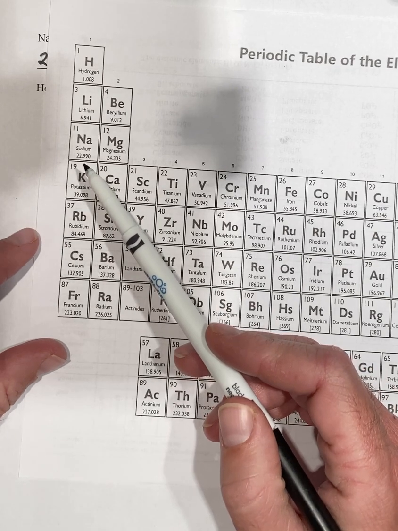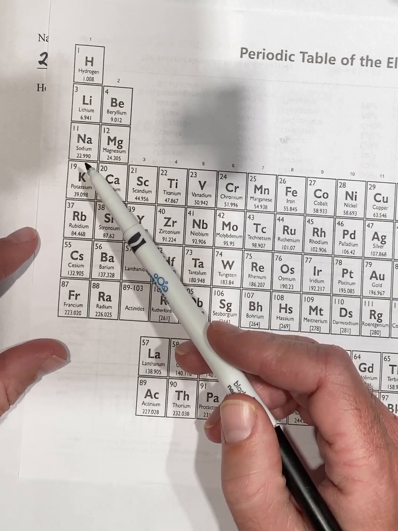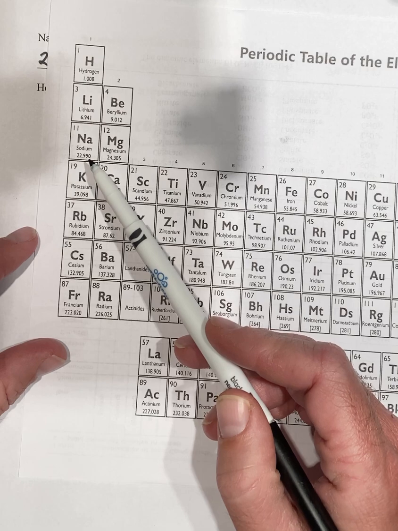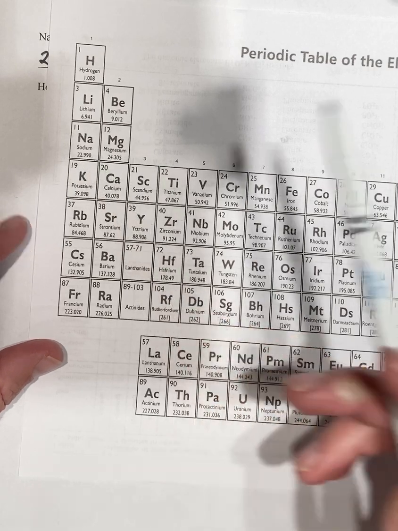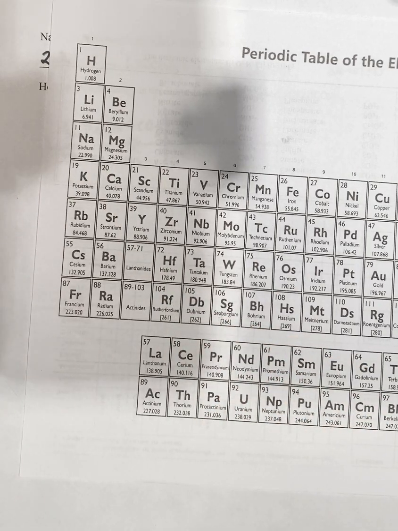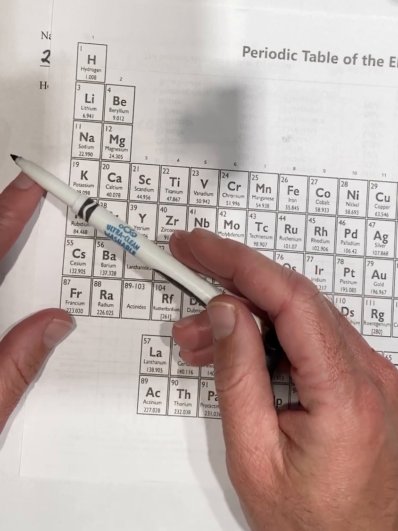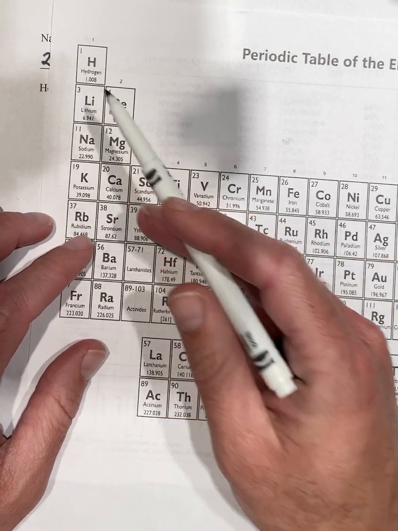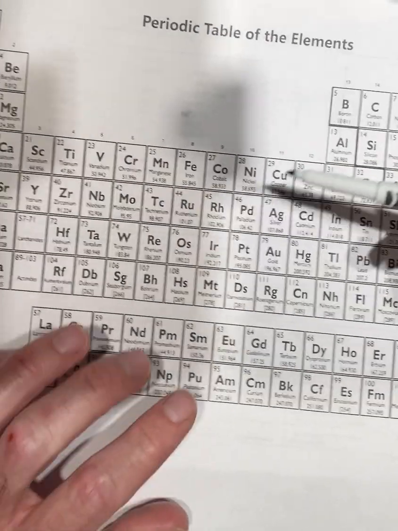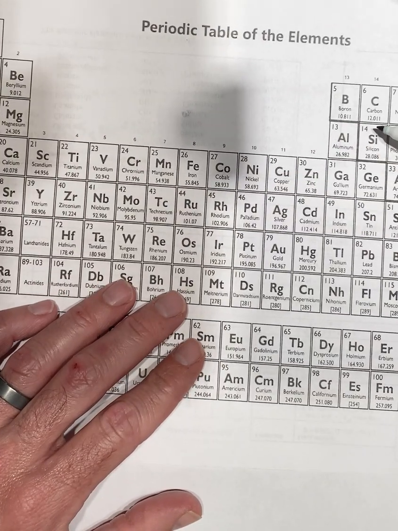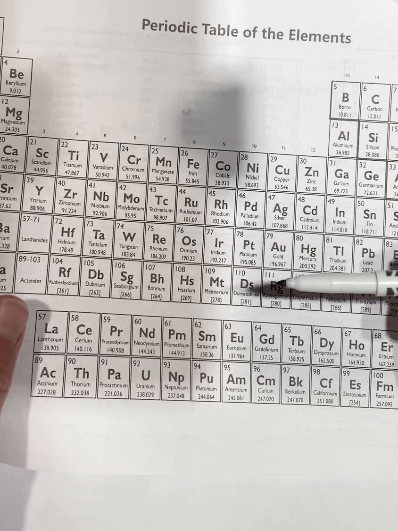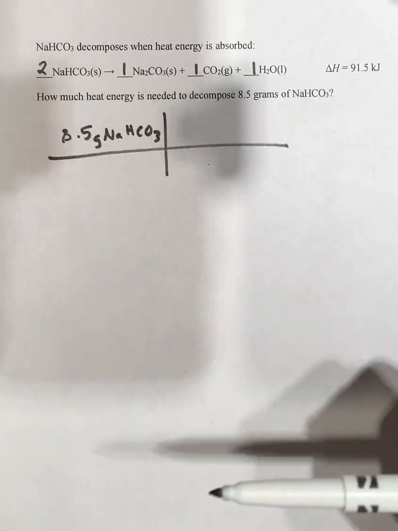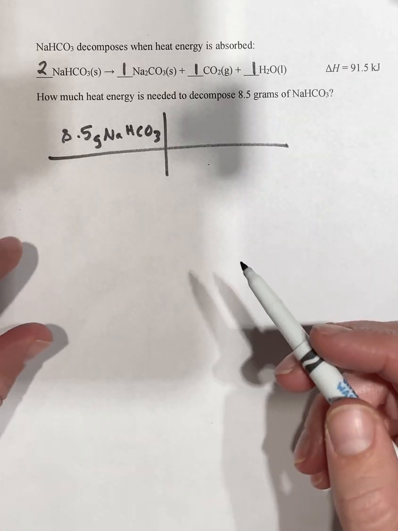So for example, I've got 22.990 grams per mole of sodium. Also in sodium bicarbonate is hydrogen, 1.008 grams per mole. If we look over at carbon, 12.011 grams per mole. But the important thing is grams per mole.